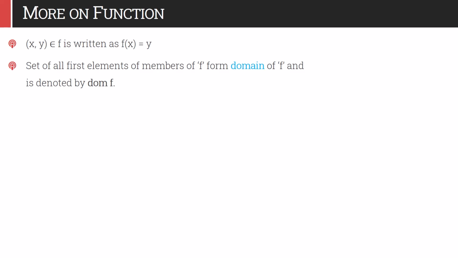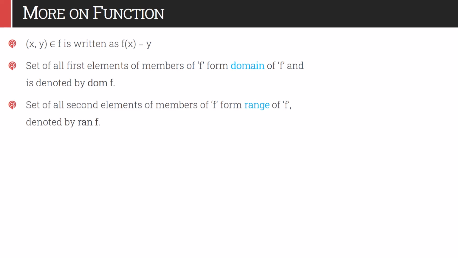The set of all the first elements of members of function f forms the domain of the function, denoted by dom of f. Whatever values x takes is called the domain of f, and the set of all the second elements of members of f forms the range of f, denoted by range of f.